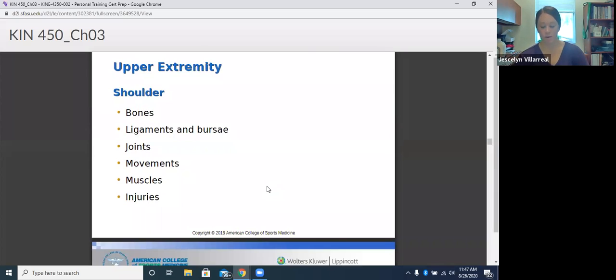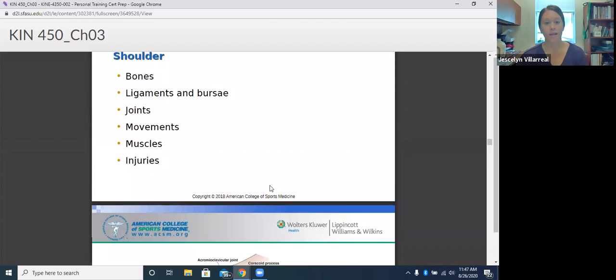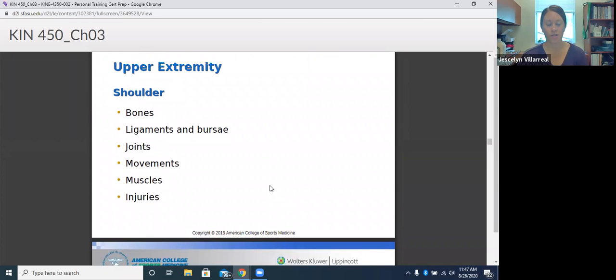All right, so upper extremity. Here we're going to start getting into the different parts of the body. First we have the shoulder complex, which is a multi-joint structure. It provides the link between the thoracic cage and the upper extremity.